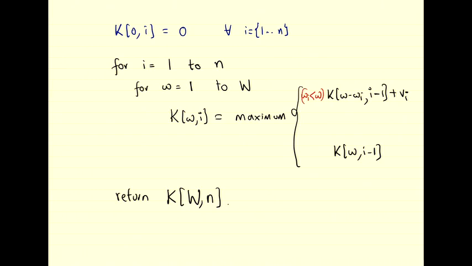Right, so you're saying, I guess the question was about K of W, 0. I think we should set those also to 0. K of W, 0 equal to 0 for all W equal to 1 through capital W. If there are no elements available, then your value should be 0. So just base cases of the recursion.